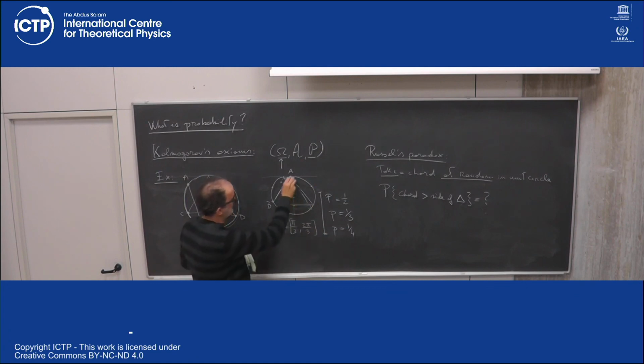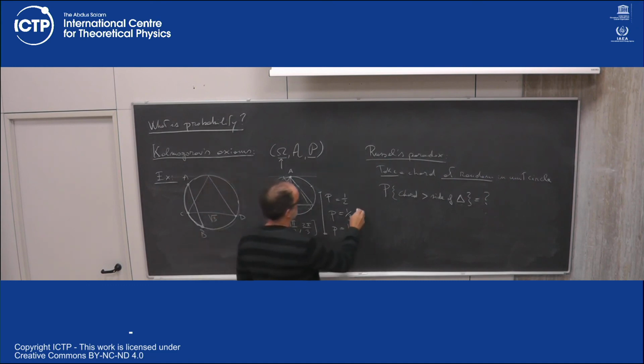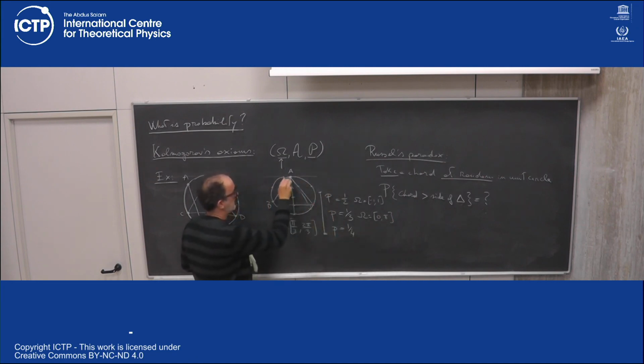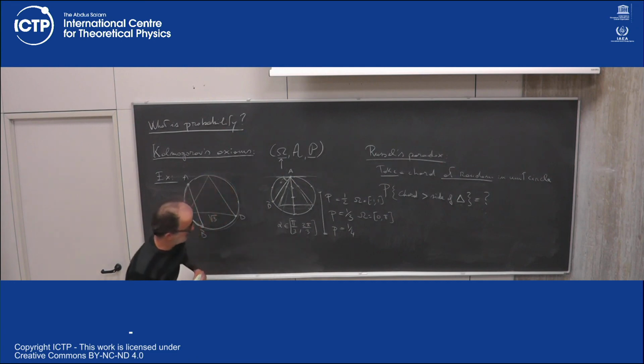In the first case you take this line from -1 to 1 and you look where this chord crosses this line, so you take omega to be [-1, 1]. In the other case you take omega to be (0, pi), so the angle alpha that this chord makes with the tangent.